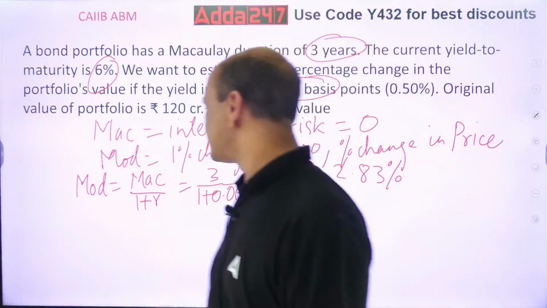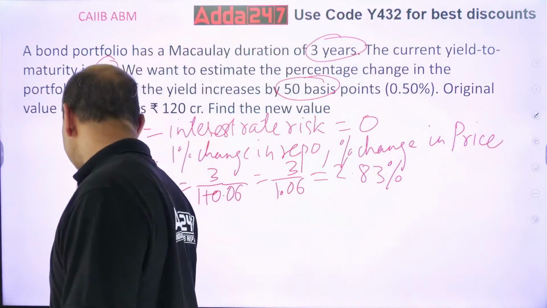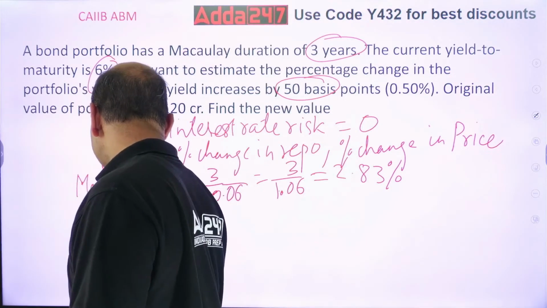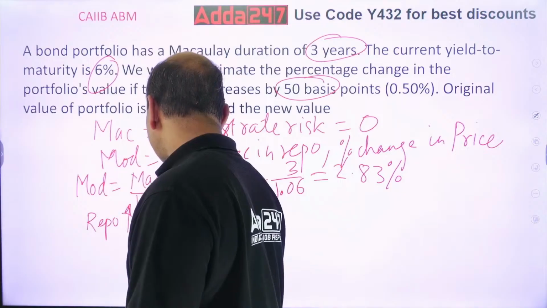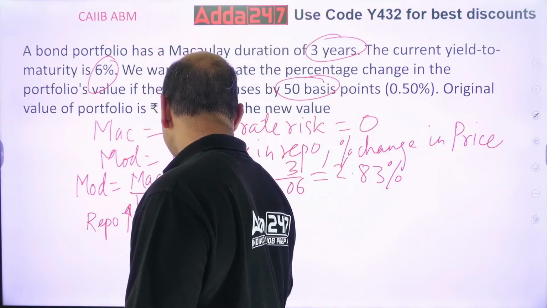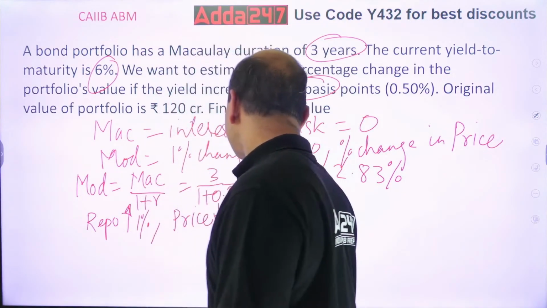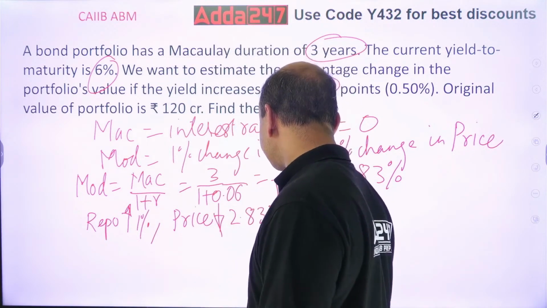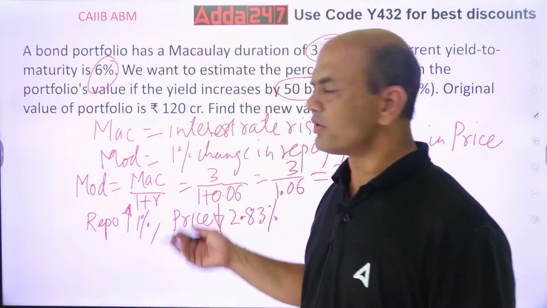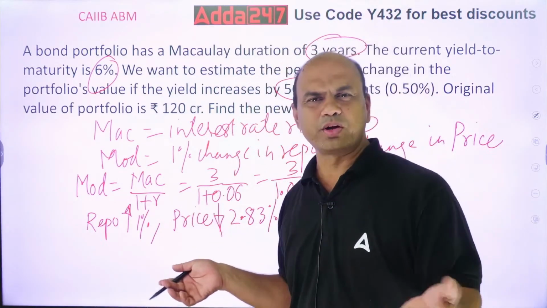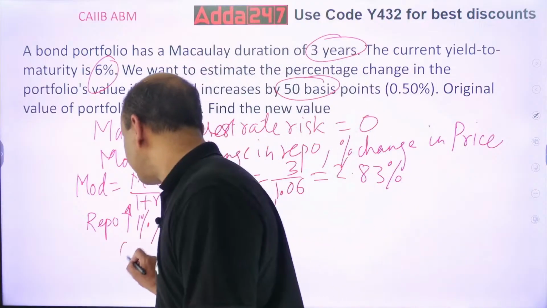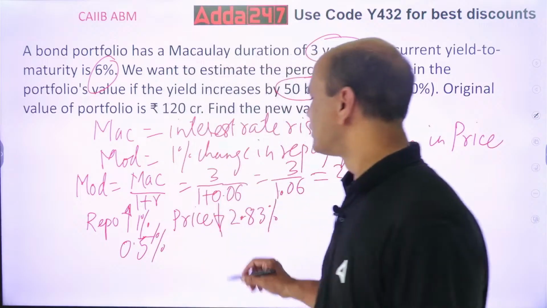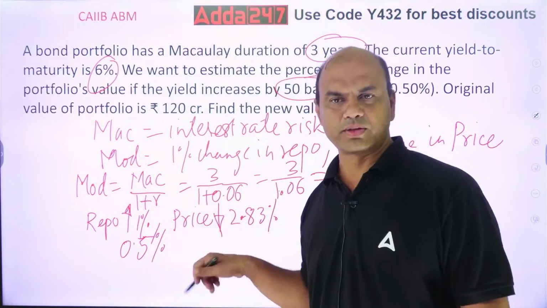If repo rises by 1%, my price will fall down by 2.83%, right? Yeah, 2.83%. So if my repo now rises by only, let's say 0.5, so again, this will also change, right? So 0.5 into 2.83 upon 1.